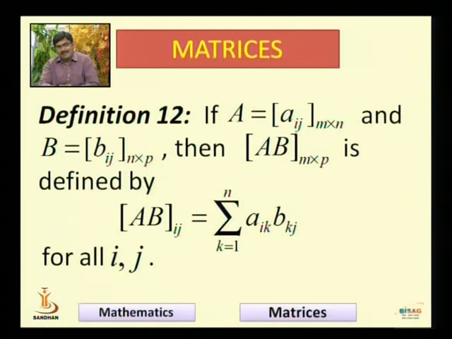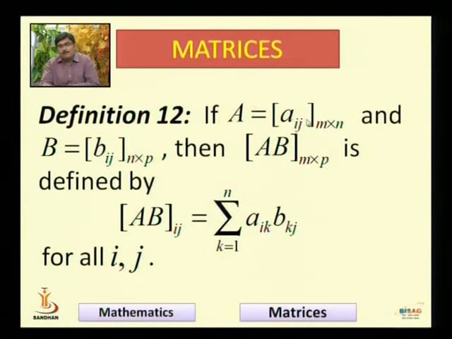The matrix A should be of order m by n, and matrix B should be of order n by p. What is important is that this n and this n should match.